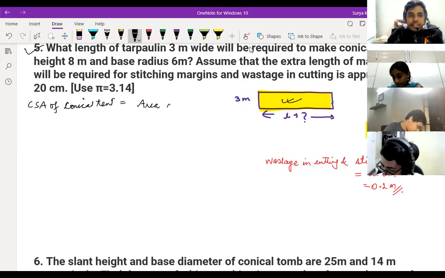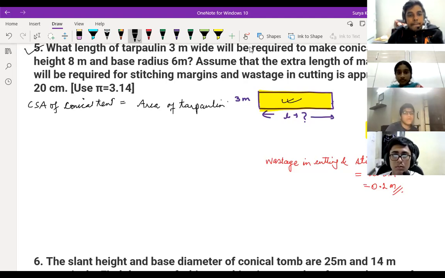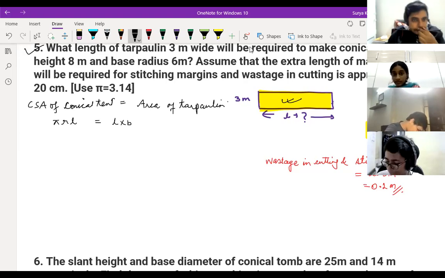Can I write like this, children? Yes, sir. So CSA of conical tent is pi r l. Pi r l is equal to the area of tarpaulin, length into breadth.